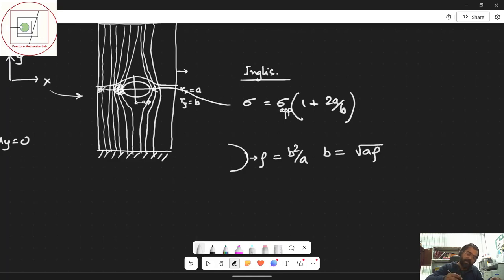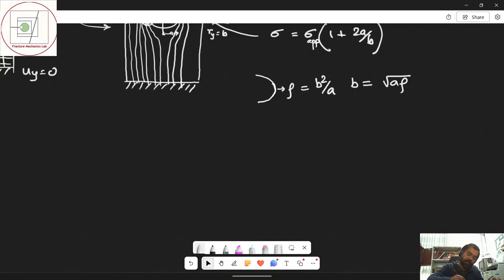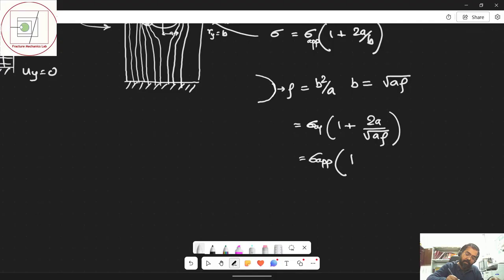Then if I replace this in the formula, it becomes sigma applied times (1 plus 2a divided by square root of a rho), which becomes 1 plus 2 square root of a by rho.